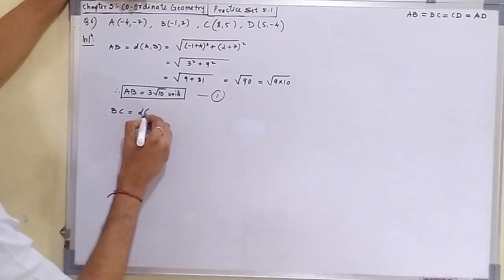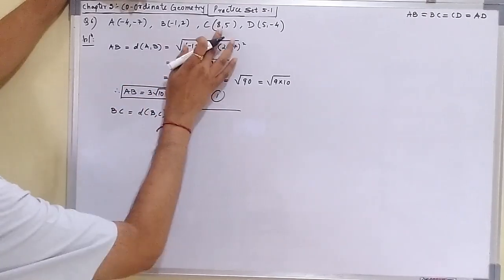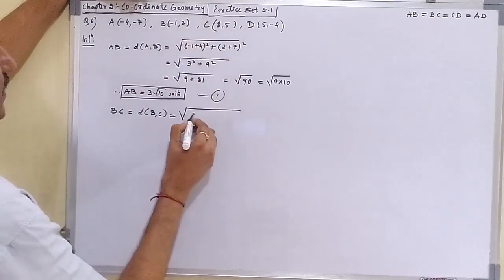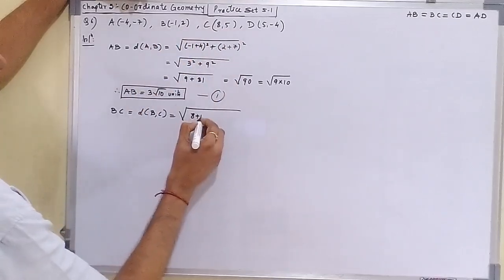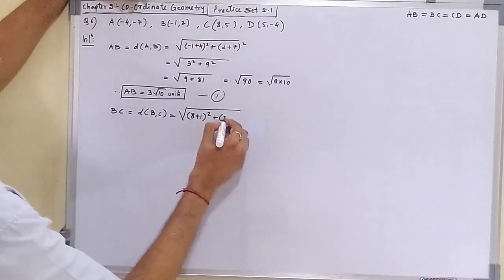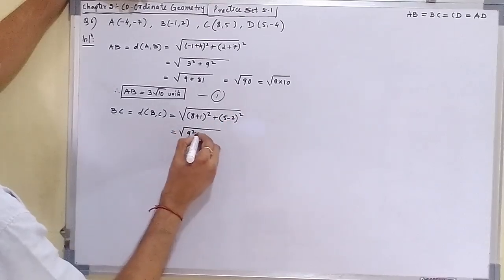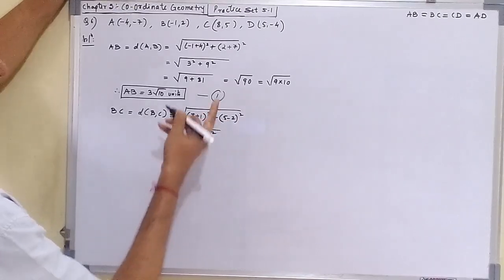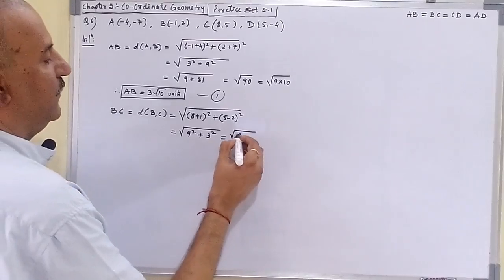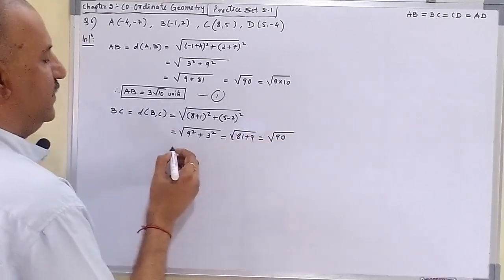What is BC? It is distance B comma C. Square root of, this is x1 y1 x2 y2. So x2 minus x1, it will be 8 minus minus becomes plus, 5 minus 2. So this is 9 square plus 3 square. 81 plus 9 is equal to 90.